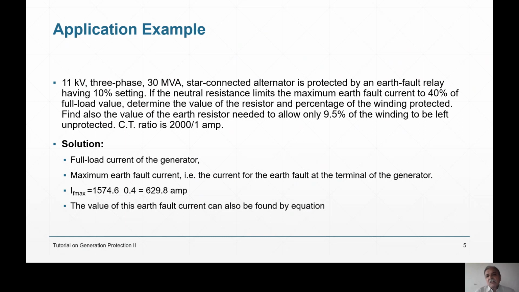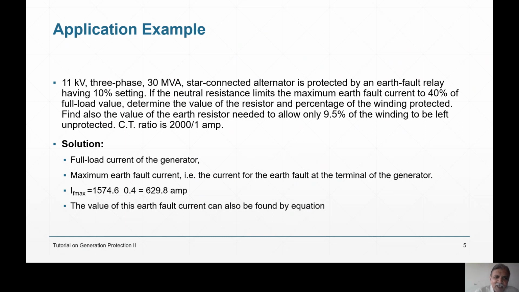Means if you want to protect a greater percentage of the winding, 100% you can never protect, that also we will see. But then the earth fault current will increase, and the possibility of damage to the stator core laminations will increase. So this is the difficulty.